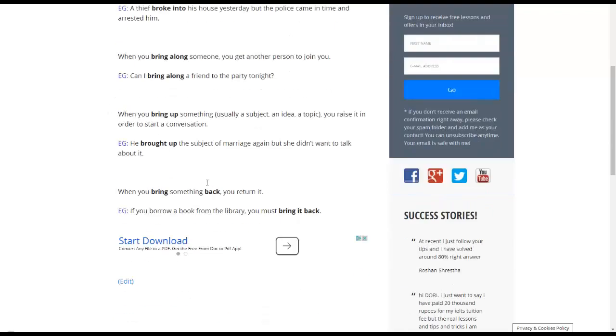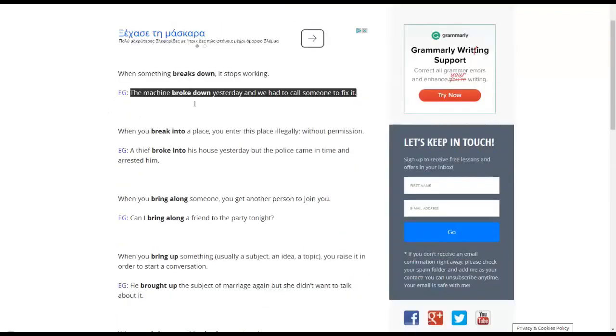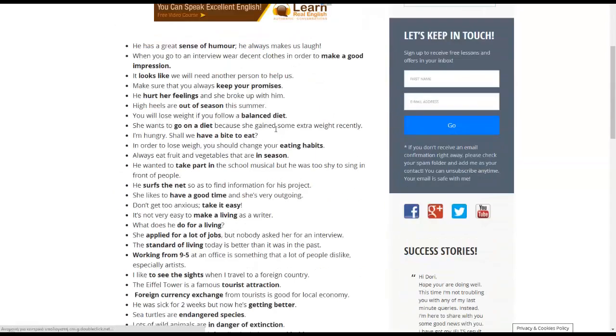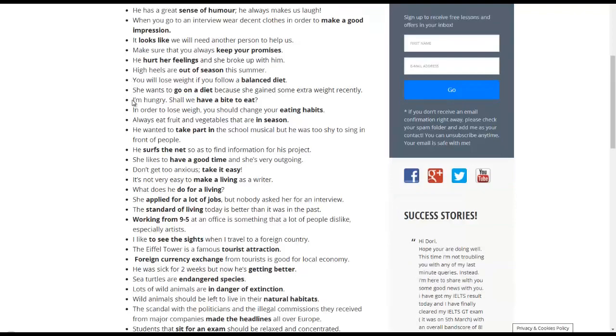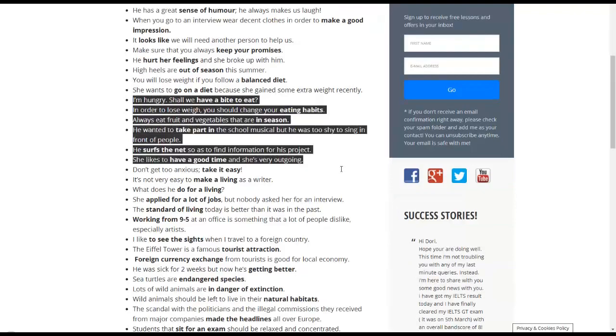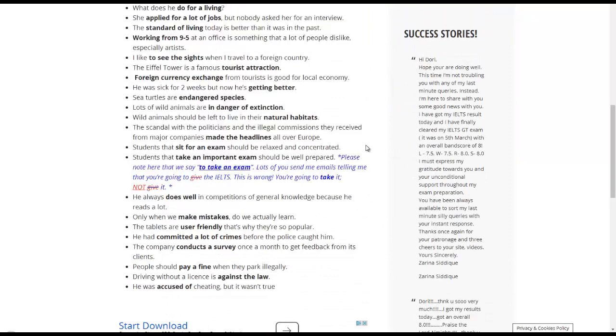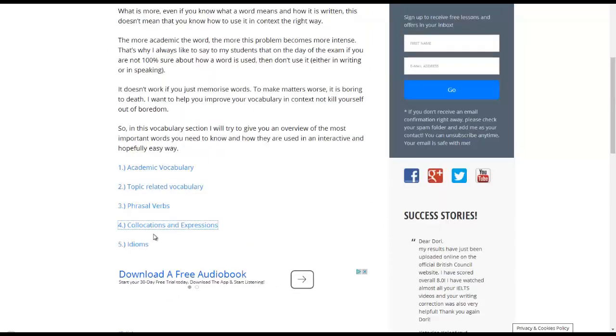So in this way you actually learn both the definition and the example of how these very common phrasal verbs are used. So the same goes with collocations and expressions. Here I give you lots of collocations and expressions, informal ones and formal ones, with examples, and of course the same goes with idioms.